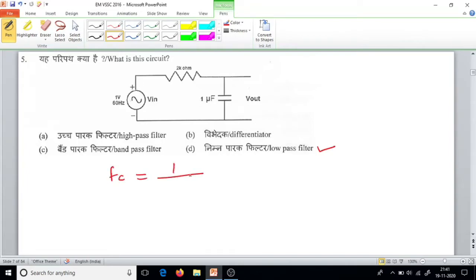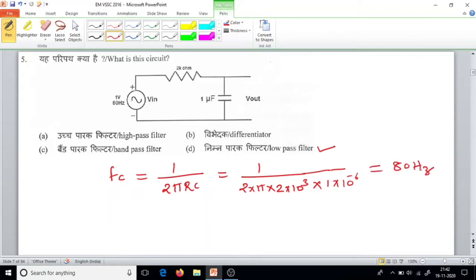That is 1 by 2 pi RC, which is equal to 1 divided by 2 into pi multiplied by R. What is the R value? 2 into 10 to the power 3 multiplied by 1 into 10 to the power minus 6. If we solve, this comes to nearly 80 Hertz. So 80 Hertz is the cutoff frequency of this low pass filter.